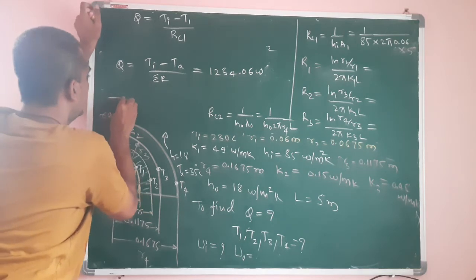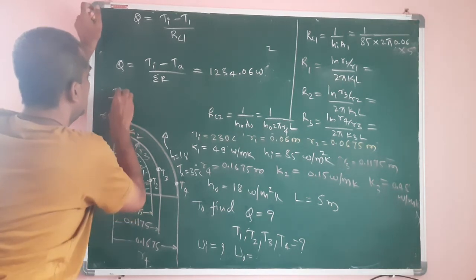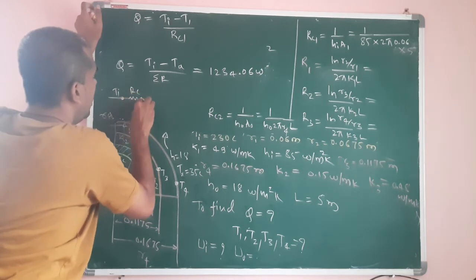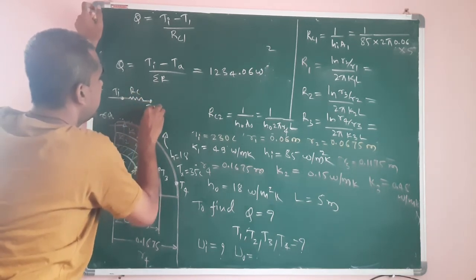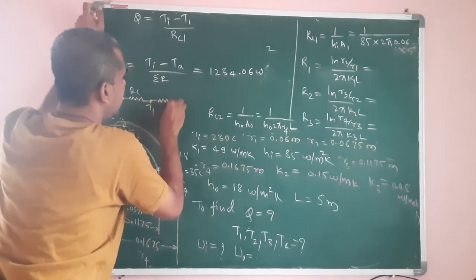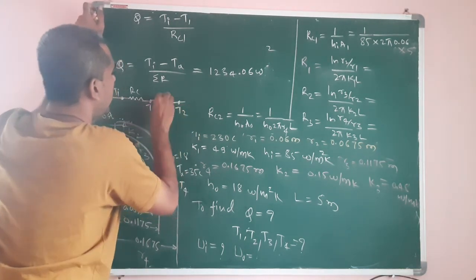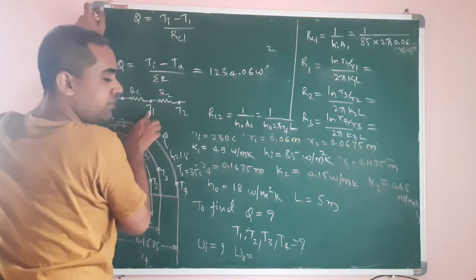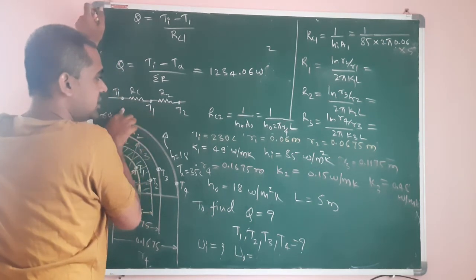It is like this. There is Ti, after that there is RC1, after that there is T1, after that there is T2. This is R2. If you take only Ti and T1, then you have to take the thermal resistance in between that.